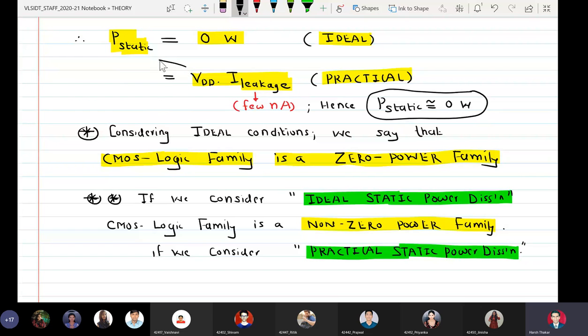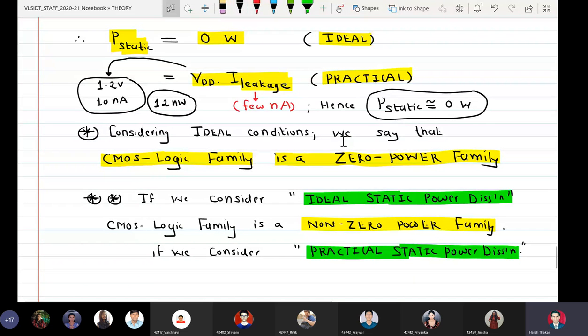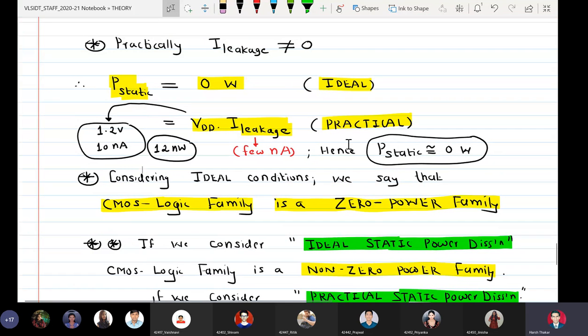Because if we consider 90 nanometer technology, then VDD is 1.2 volts, and if the leakage current is say 10 nanoamperes, then naturally the static power dissipation even in practical conditions will be only 12 nanowatts. It's almost zero. Okay, so even if practically the static power dissipation is non-zero, still it is almost zero because the leakage current is only few nanoamperes.